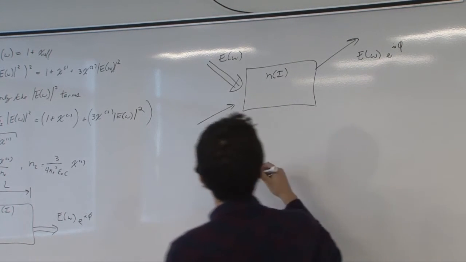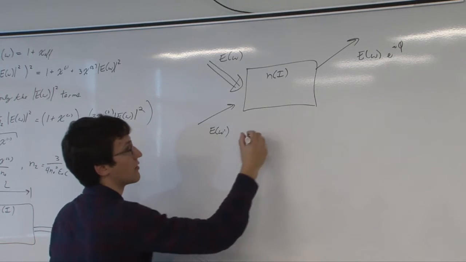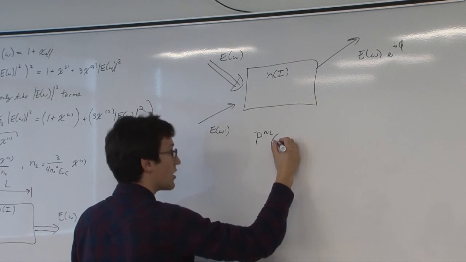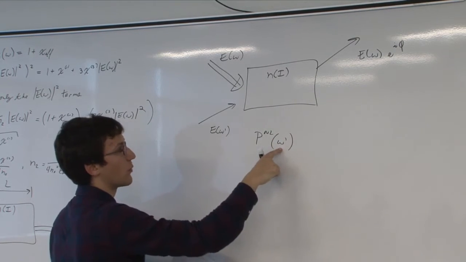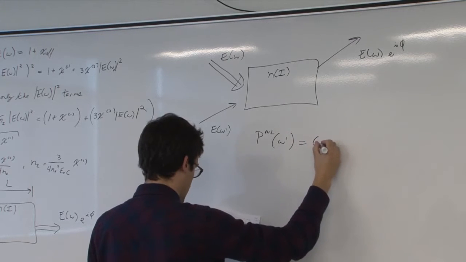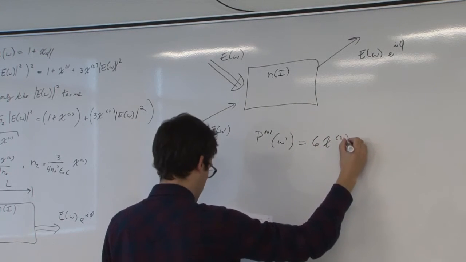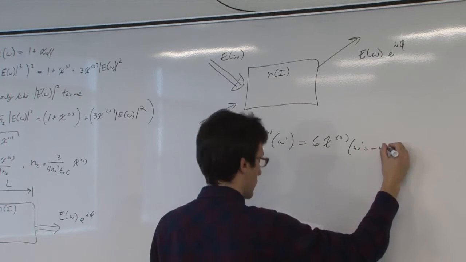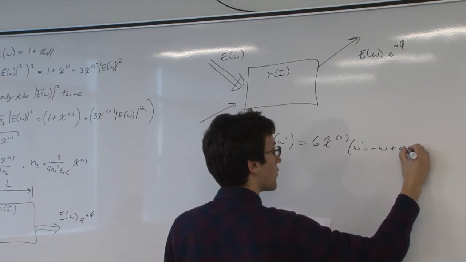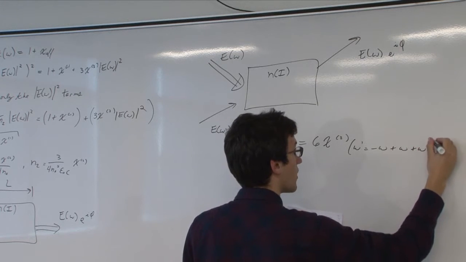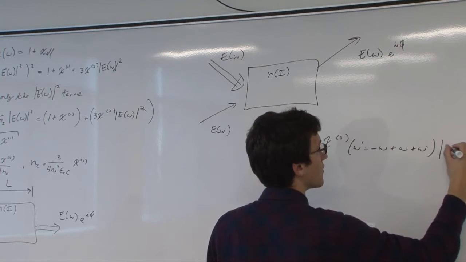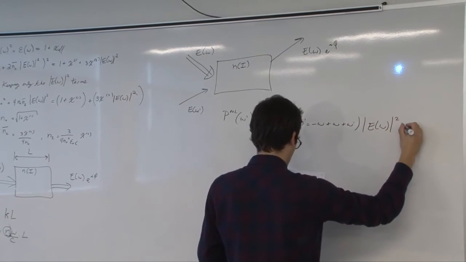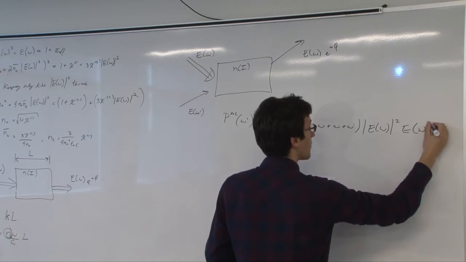And if I write the expression explicitly, I find that the nonlinear polarization for the frequency omega prime is given by 6 chi3, where omega prime is equal to minus omega plus omega prime, and then there is the electric field, E of omega squared, and then E of omega prime.